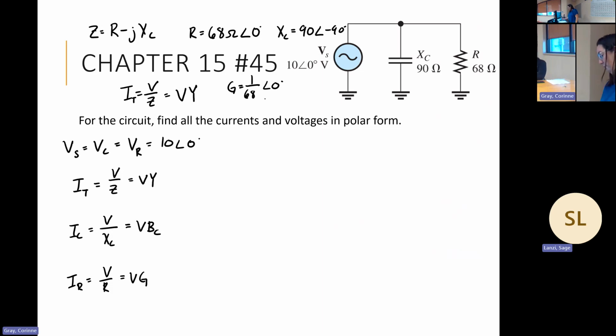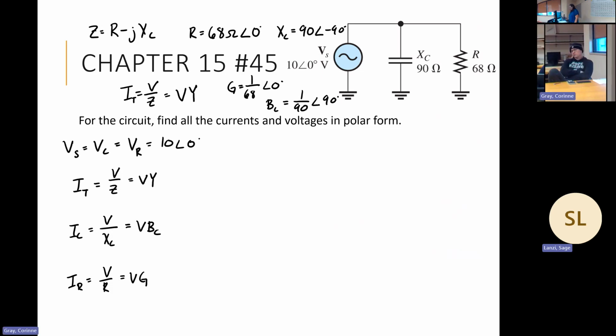What about for BC? The inverse of the 90 angle. I almost think it's easier to visualize with radians, because pi over 2 and the inverse of pi over 2 is 2 over pi. This textbook uses degrees. Some textbooks use radians. Some textbooks, in a really unfun way, do combinations.